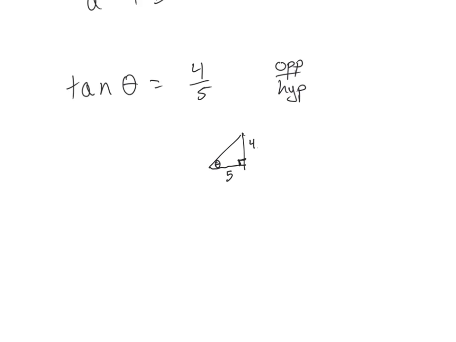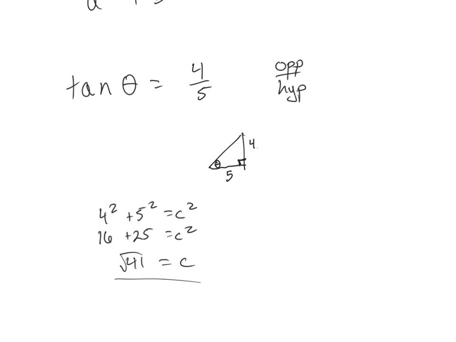So now we can just use our nice Pythagorean theorem to find what the other side is. So 4 squared plus 5 squared equals c squared. This gives us 16 plus 25 equals c squared. That is not a nice number, but it is what it is.